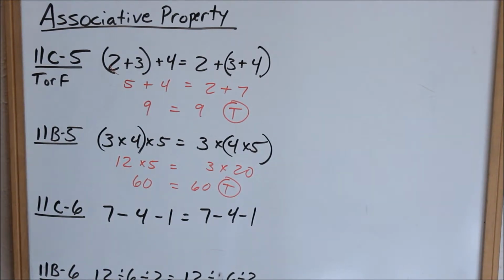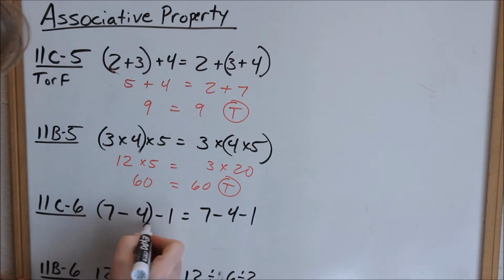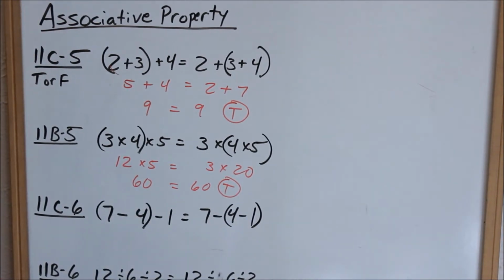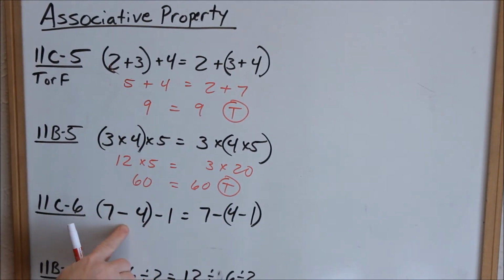It is true for addition and multiplication, but it is false for subtraction and division. We're going to look at that on 11C6. Again, 7 and 4 hang out this week. Next week, 4 and 1 are hanging out. And so you always do your parentheses first. So we should expect this to be false.